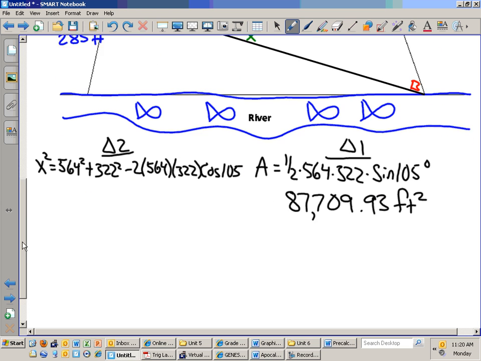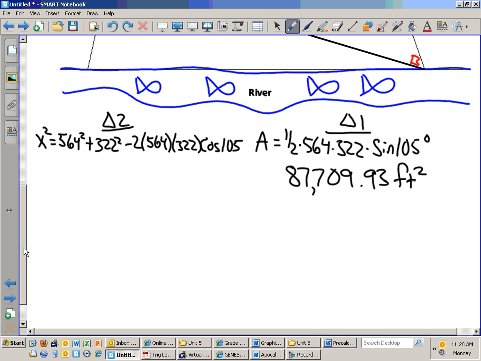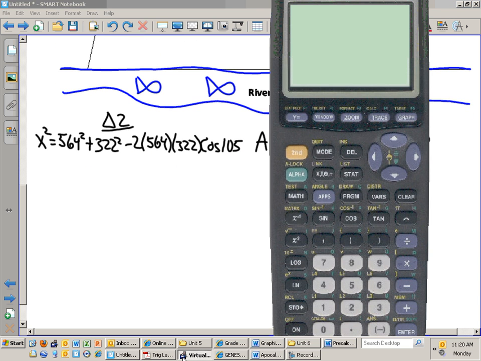Okay. So as I set it up, here's what I get as we solve for it. We have 564 squared plus 322 squared minus 2 times 564 times 322 times the cosine of 105.